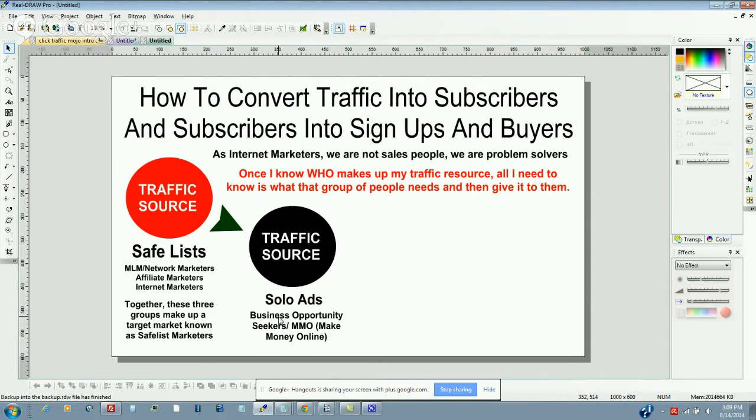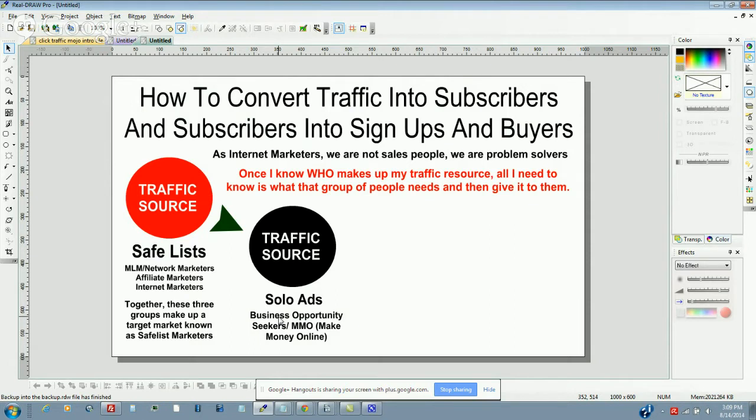Okay? Once you've joined a business opportunity, if you plan to stay with and make money with that opportunity, well, now you have to formulate your entire marketing structure around that business opportunity.